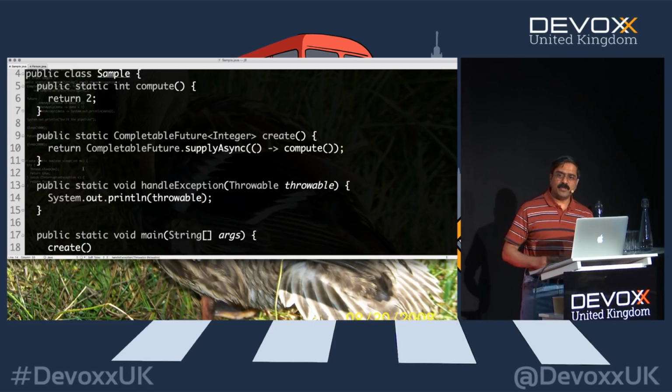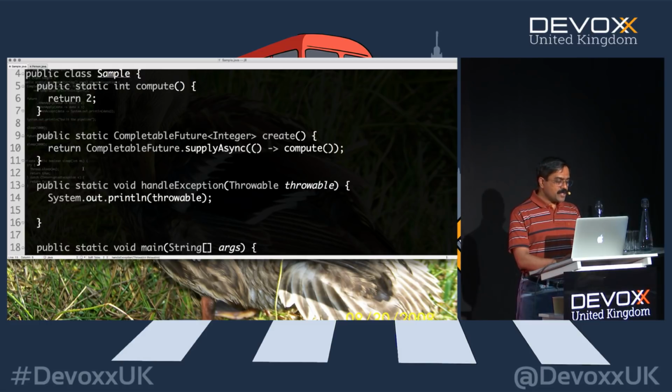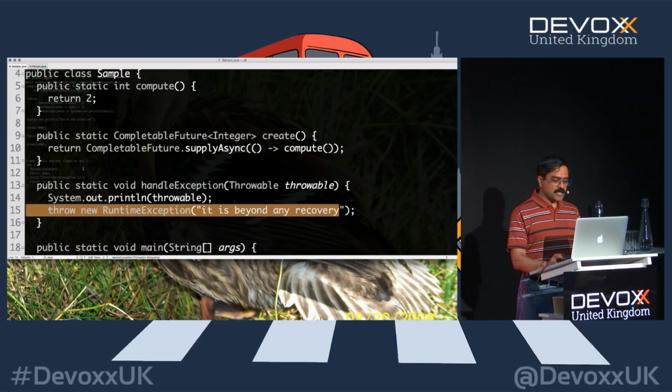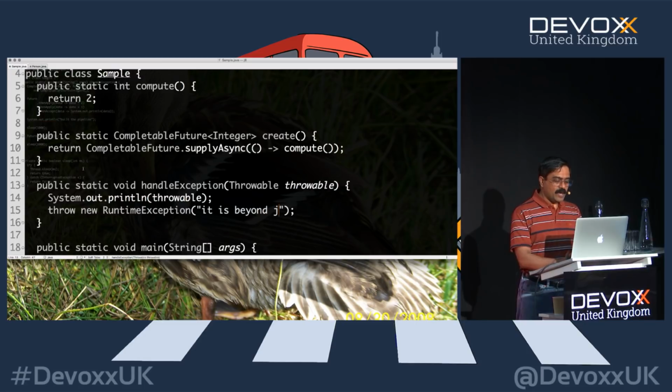Maybe play a sad music, say that something really went wrong. Then what am I going to do? I'm going to say throw new runtime exception, and I'm going to simply say it is beyond any recovery, right? So it's beyond hope. Let's just put it that way.